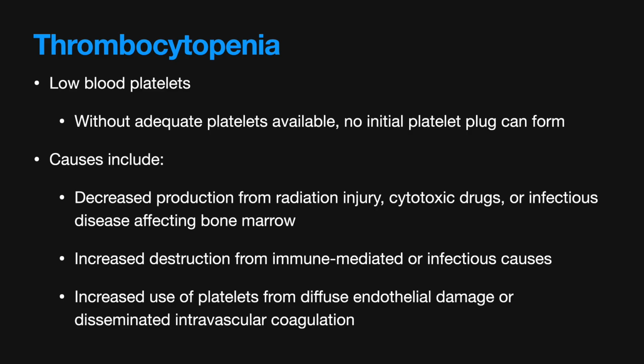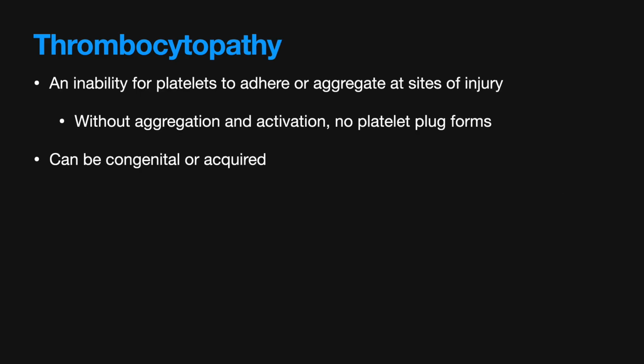Decreased production of platelets in the bone marrow can occur due to radiation injury, cytotoxic drugs, or infectious diseases. Increased destruction of platelets in the bloodstream can occur in immune-mediated or infectious disease. Finally, diffuse endothelial damage, or the syndrome disseminated intravascular coagulation, can cause increased use of platelets, resulting in a reduced number of platelets available for clotting.